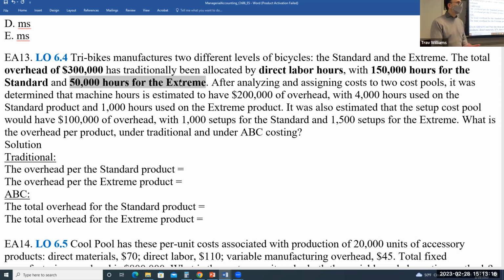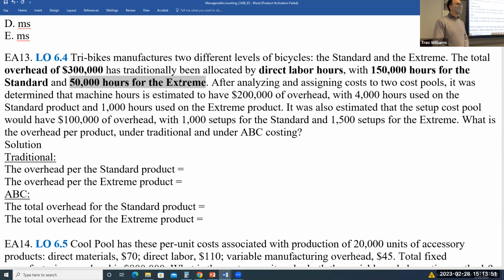Okay, what's the first thing we have to do? Figure out our overhead costs using the traditional method. Start off with our formula, right? Which is the estimated overhead divided by the estimated activity. Our estimated overhead is $300,000.